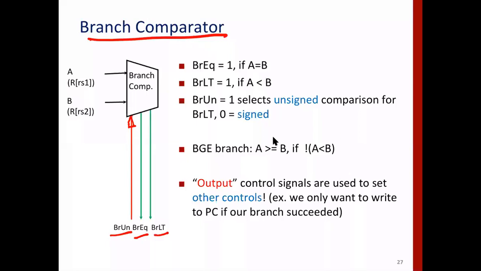If register A is equal to B, then BR EQ will be 1. If they are not equal, this will be 0. Similarly, for BR LT, if A is less than B, this will be 1, and otherwise it will be 0. Now I'm asking you this question: where will this go to?